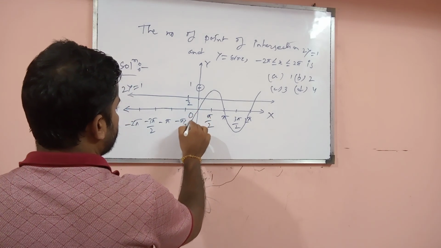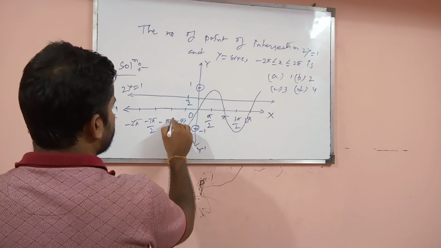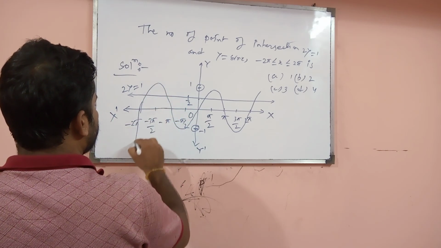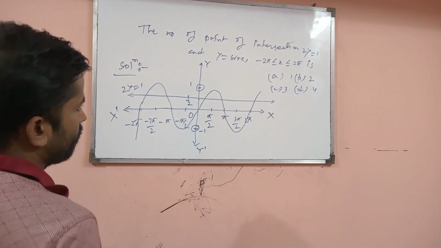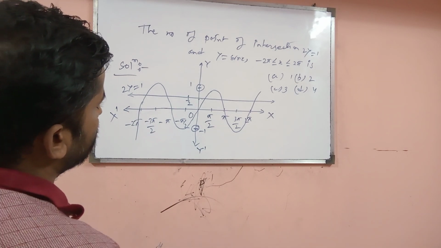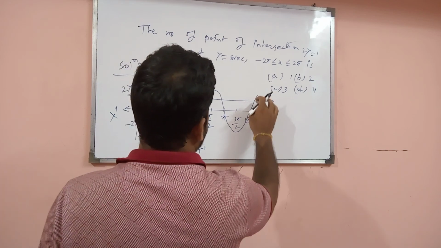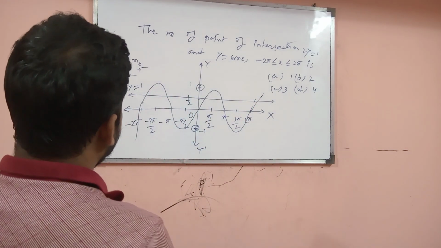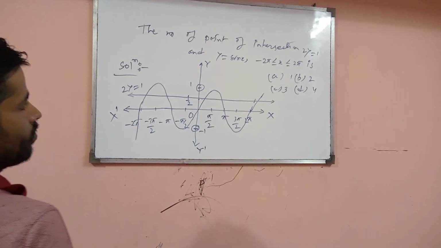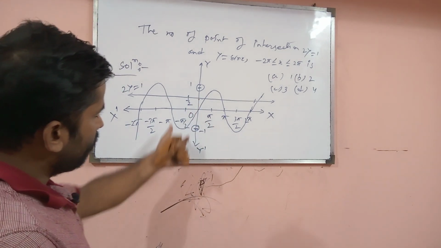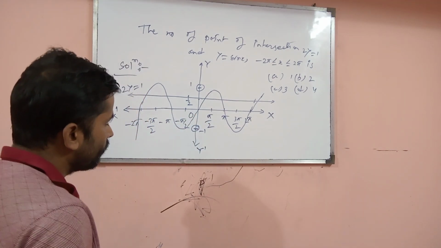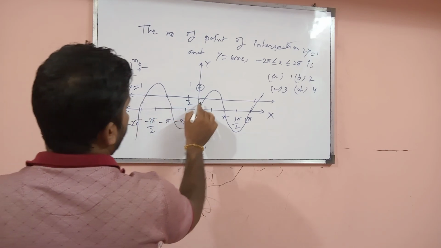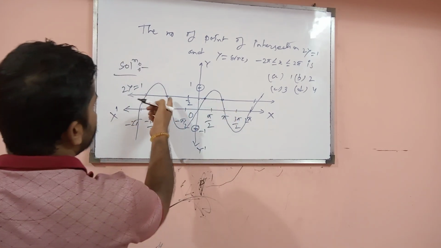So through this graph it is obvious that there are 4 points of intersection and these are the marked points.